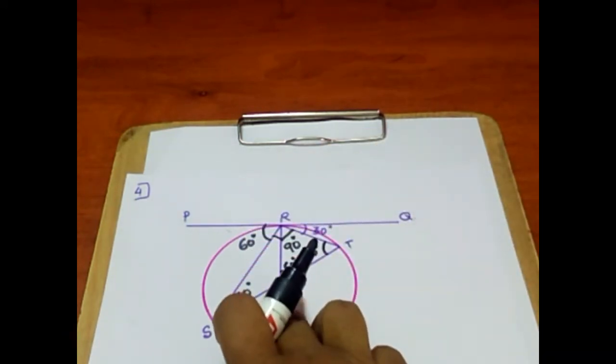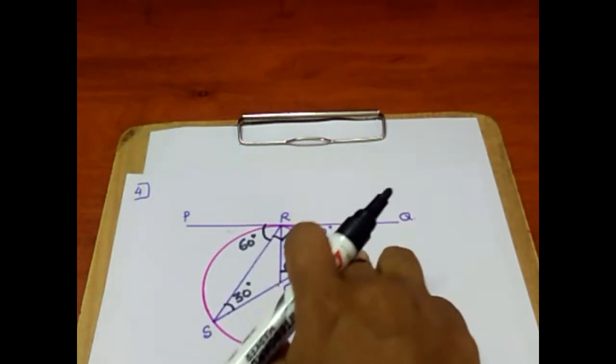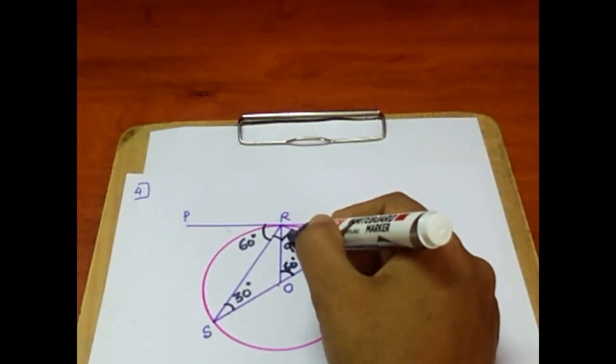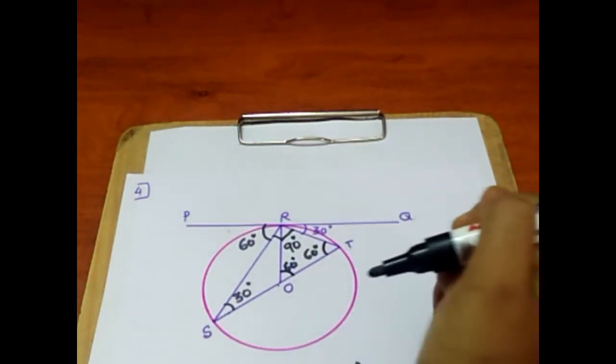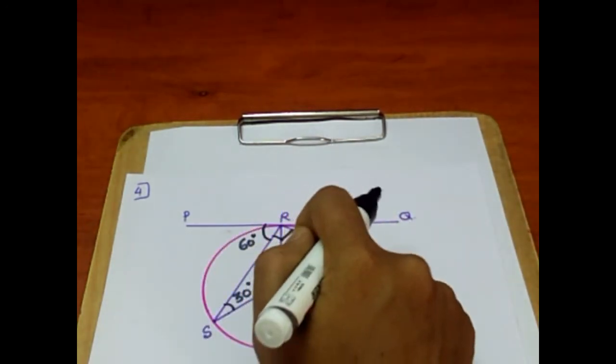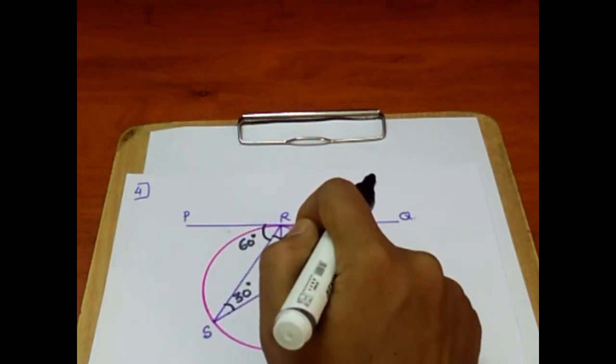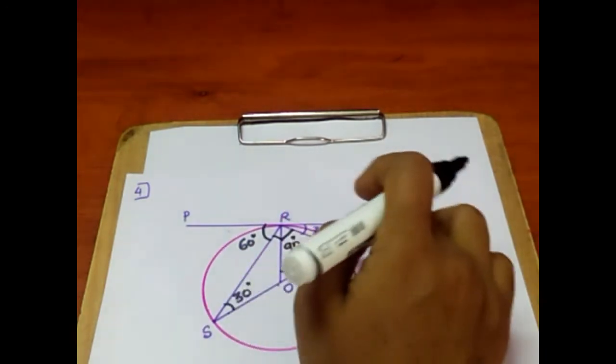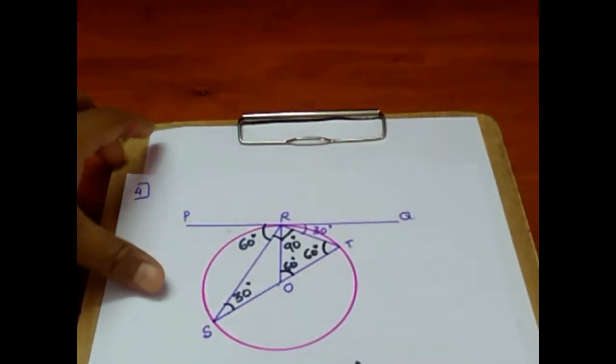So with this we need to calculate the measure of angle ORS, later we need to move on to this. So the easy method is angle RSO is the angle in a semicircle, hence the angle at the center ROT is twice the angle in a semicircle, which is equal to 60 degrees.